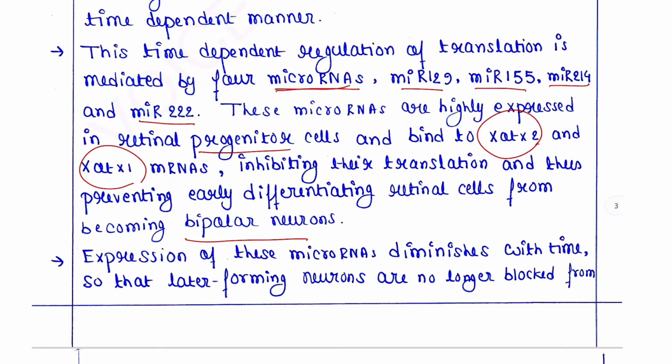Thus, they prevent the early differentiating retinal cells from becoming bipolar neurons, because the early retinal cells do not need to form bipolar neurons. Bipolar neurons will be formed in the later stage, not in the initial stage. Therefore, these mRNAs are blocked.